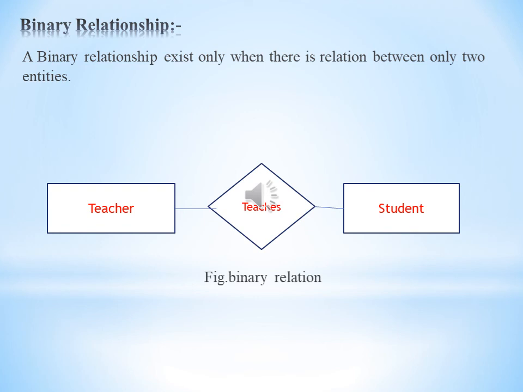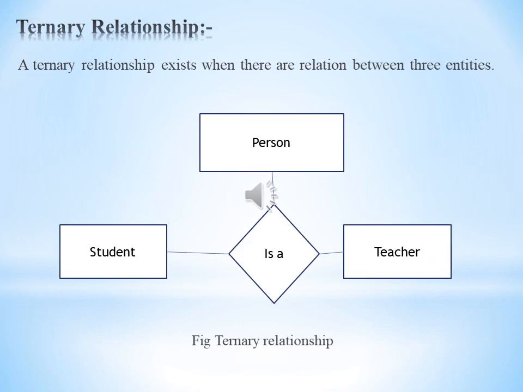In the unary relationship, the degree of the relationship is only 1, and it is a relation within one entity. In the binary relationship, 2 entities are there. So, for example, a teacher teaches a student, and the teacher and the student are 2 different entities.